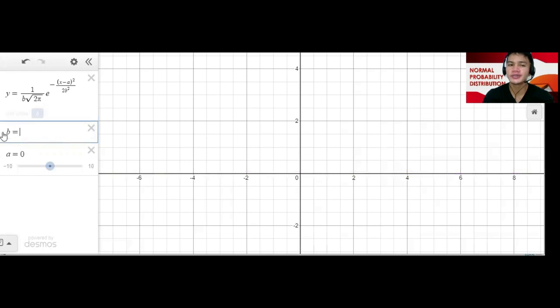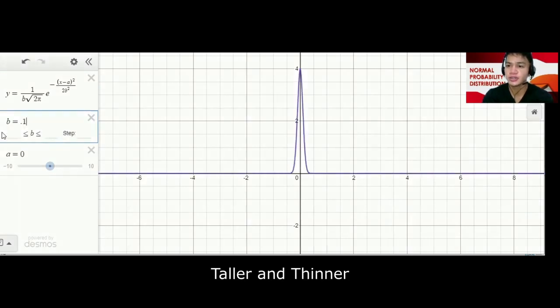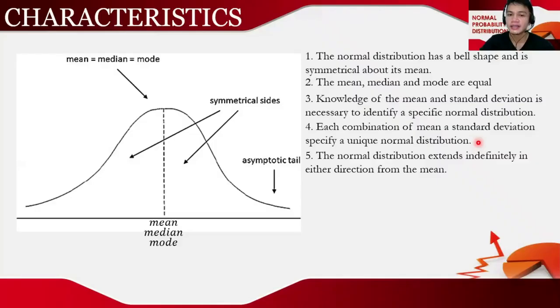But when we decrease it to 3, 2, 1, 0.9, 0.8, 0.7, 0.6, 0.5, 0.4, 0.3, 0.2, 0.1, our normal curve becomes taller and thinner. That's why our mean and standard deviation greatly affect our normal curve.